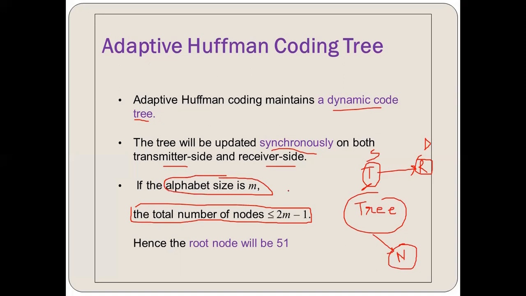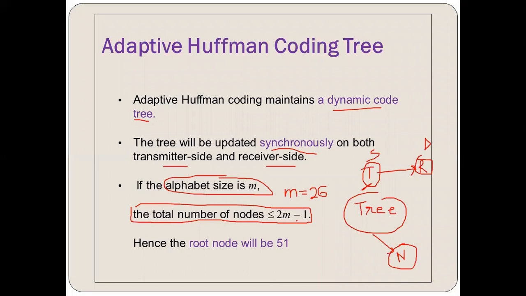We have 26 alphabets. So I'll say that m is equal to 26. This is always the same. So m will always be 26 and it is said to be the size of the alphabet. Now the total number of nodes will be 2m minus 1.